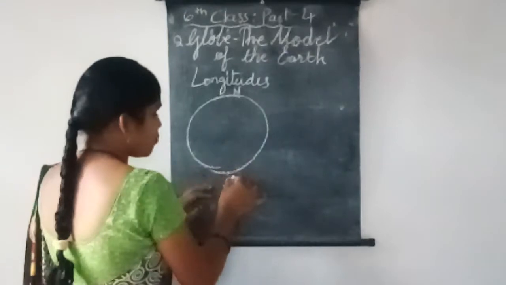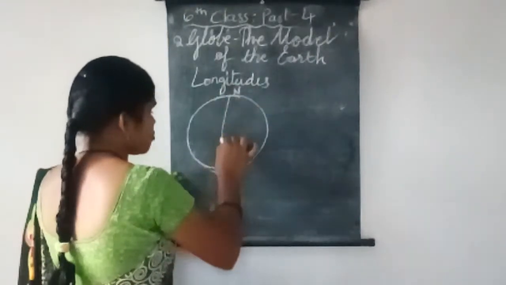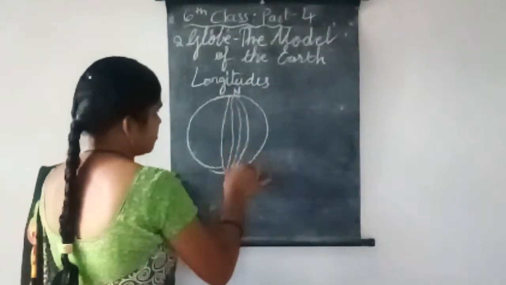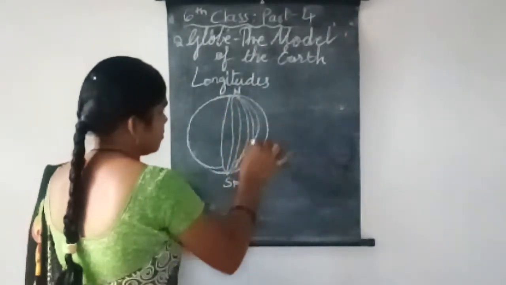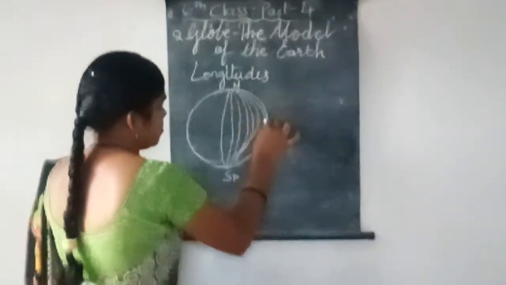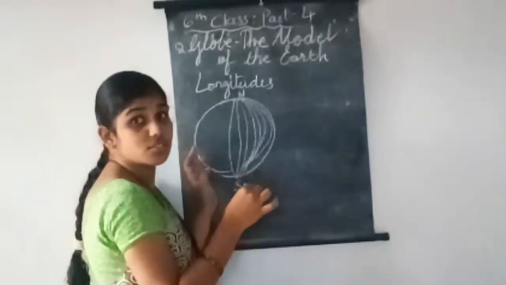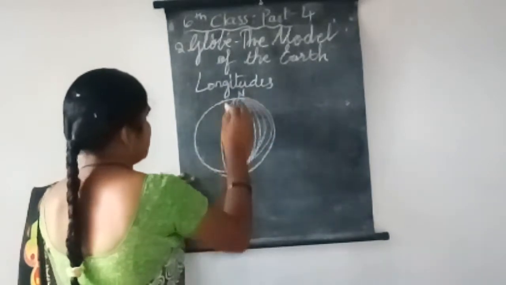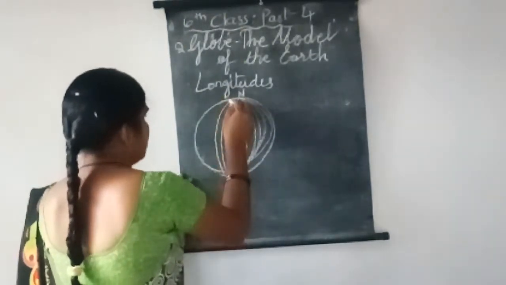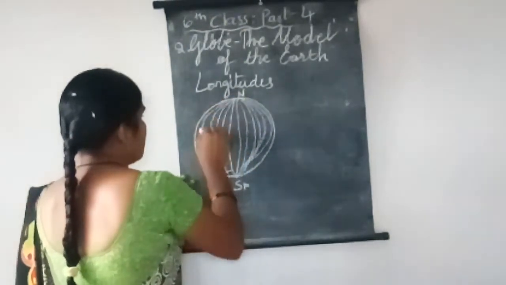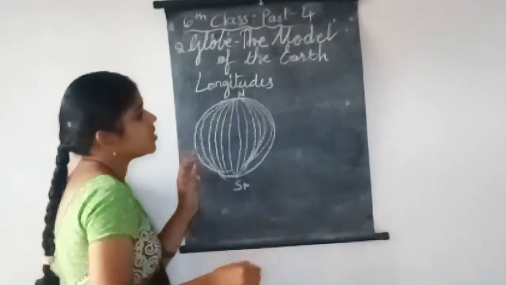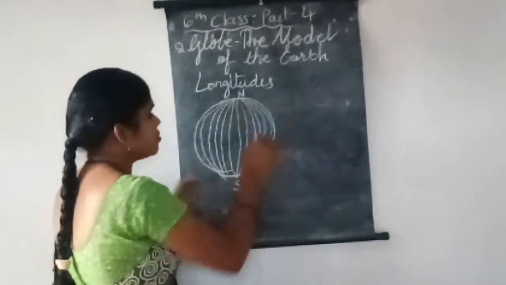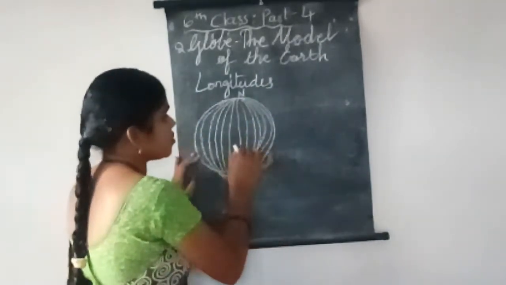North Pole to South Pole means straight like this. These are the lines which are passing from north to south, longitudes.